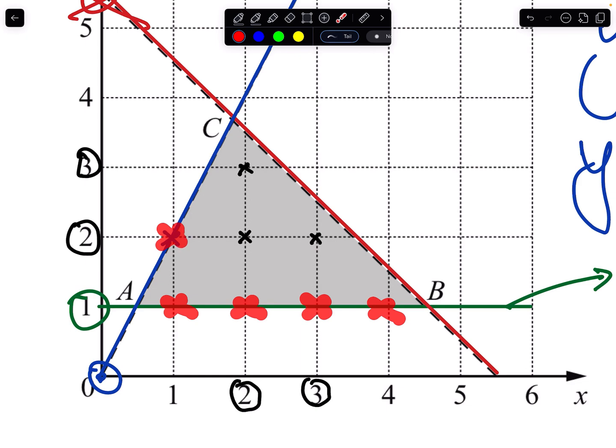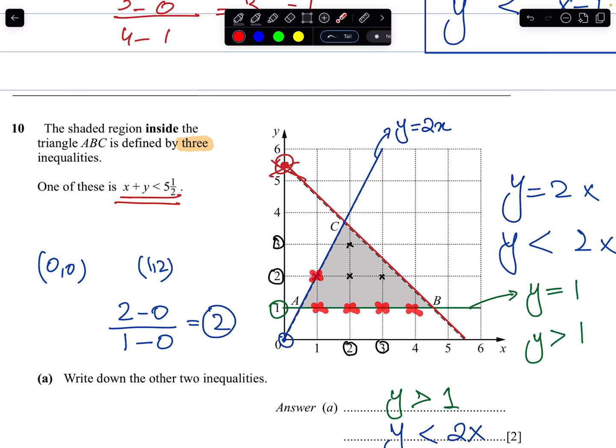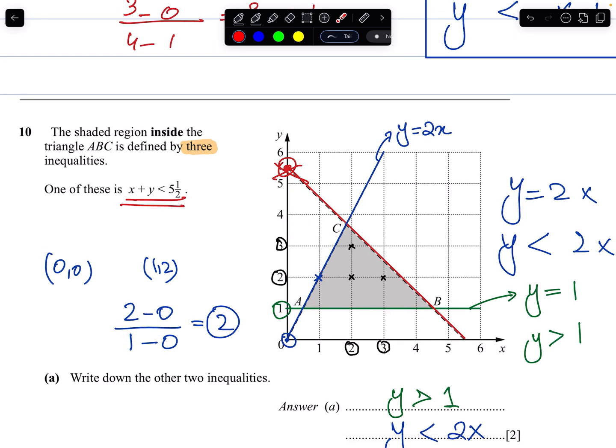Because now here you have to be careful. Notice all these inequalities that are given are less than, greater than. Less than, not less than or equal to, greater than or equal to, and less than or equal to.